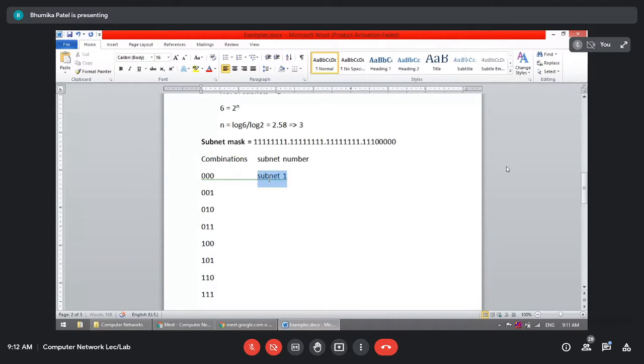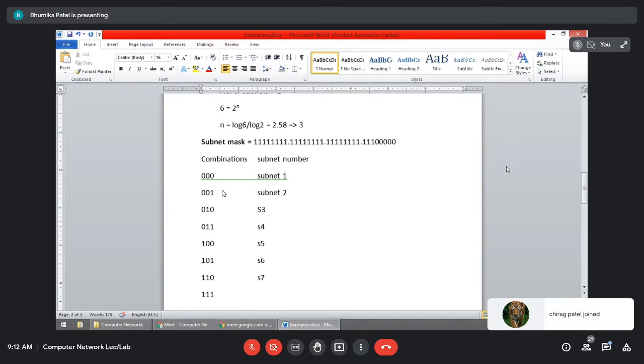These are the subnets. So this is subnet 1, subnet 2, subnet 3, subnet 4, subnet 5, subnet 6, subnet 7, and subnet 8.